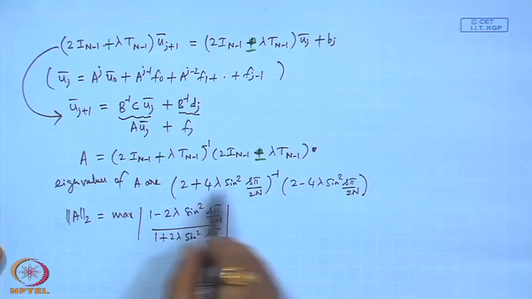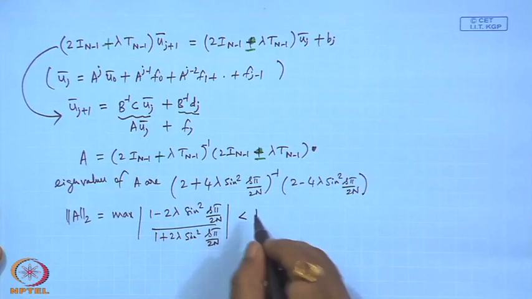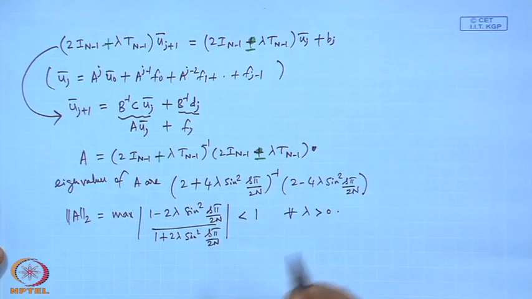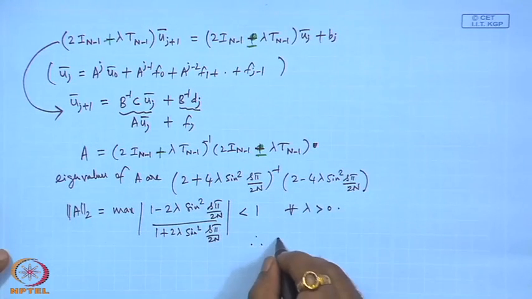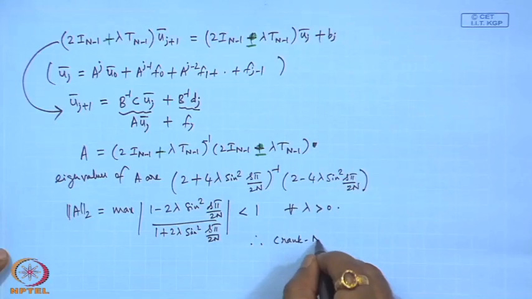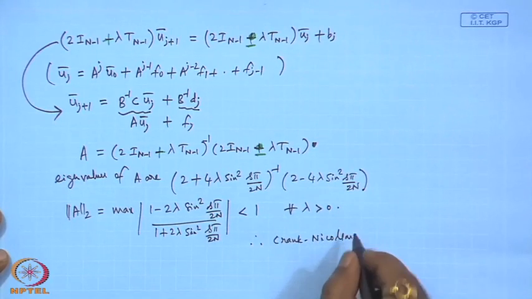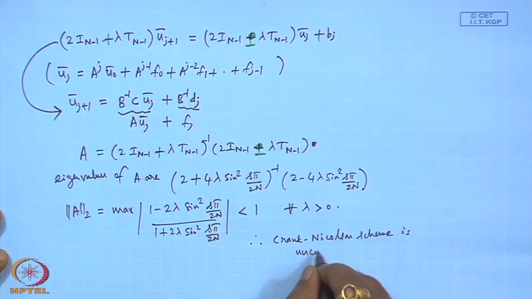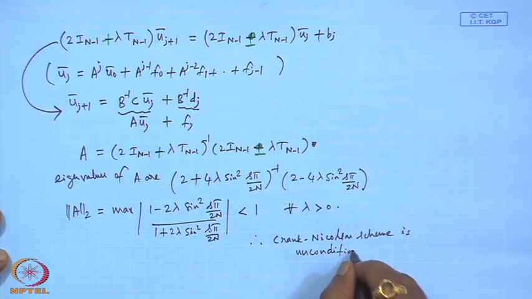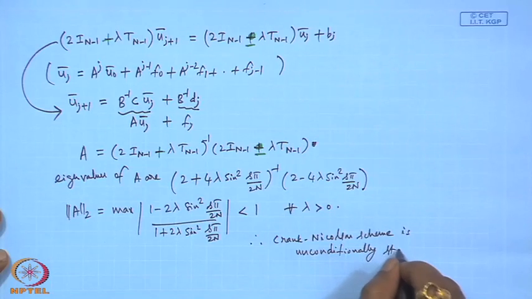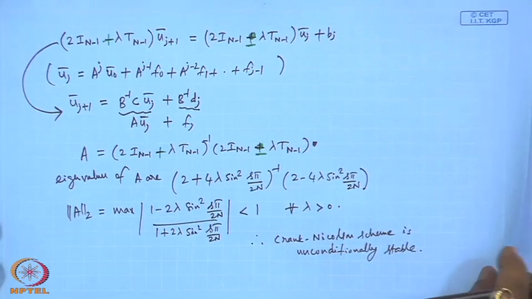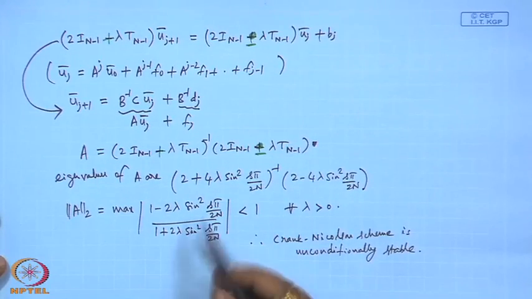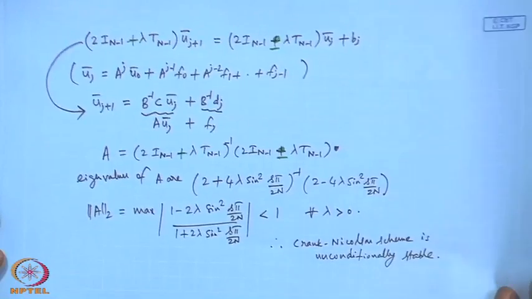This is just a simplified version, 2 gets cancelled. So, this is less than 1 for every lambda greater than 0. So, therefore, Crank-Nicolson scheme is unconditionally stable. Okay. So, this we have already seen, but now we have seen it via matrix stability analysis.